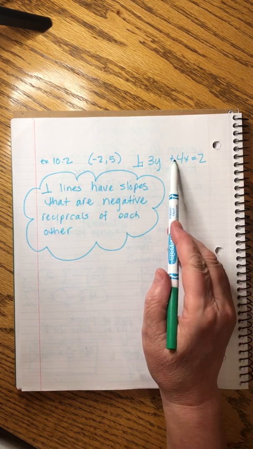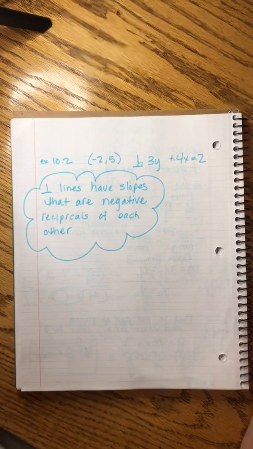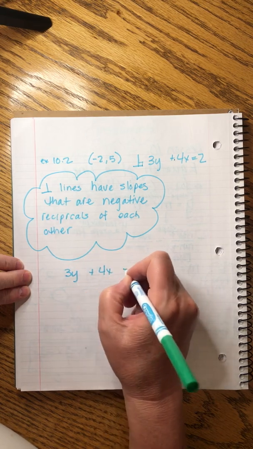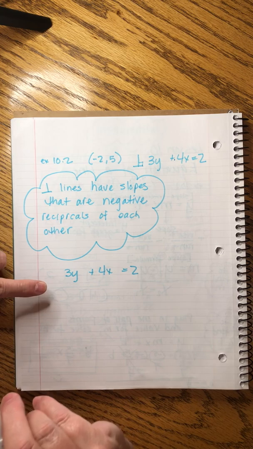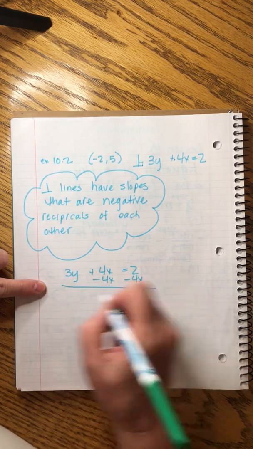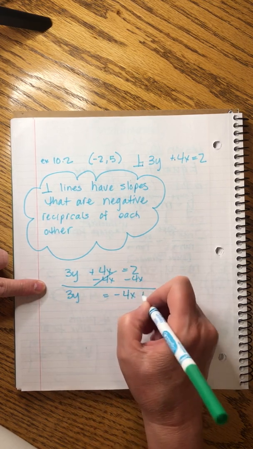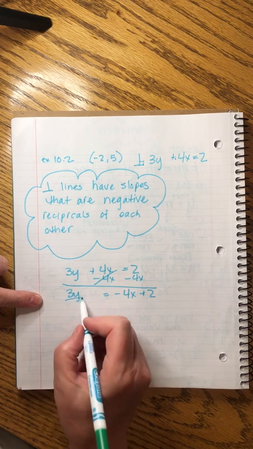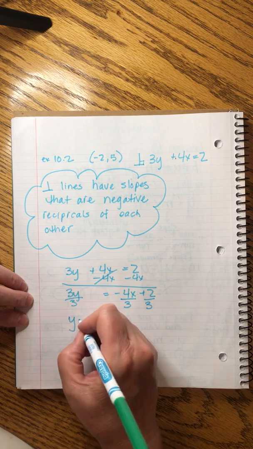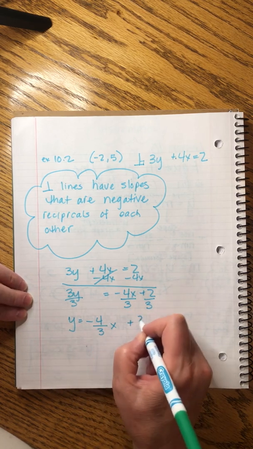So if we can find the slope of this line, then we can easily find the slope of our own line. So let's write it again. 3y plus 4x equals 2. We need to get it in slope-intercept format, so let's subtract the 4x. Let's get the y by itself. We'll divide away the 3. And we get y equals minus 4 over 3x plus 2/3.